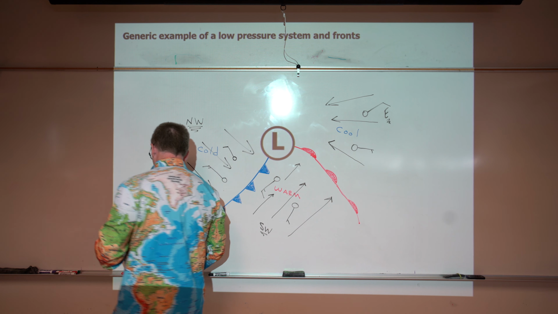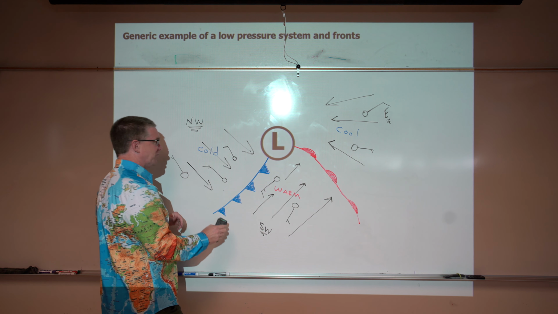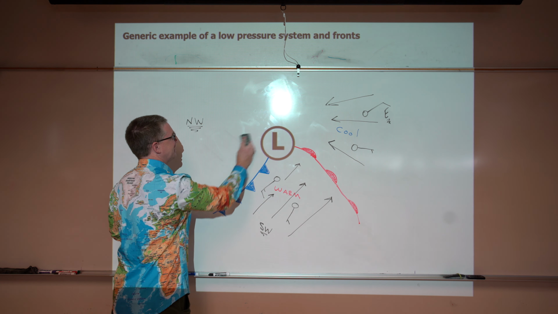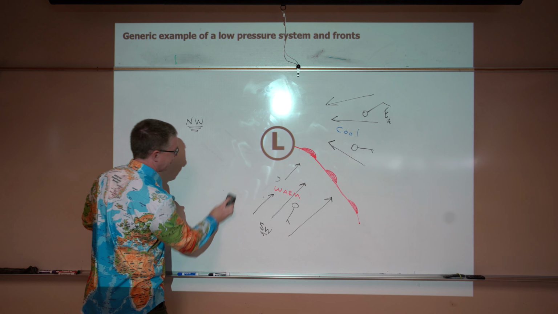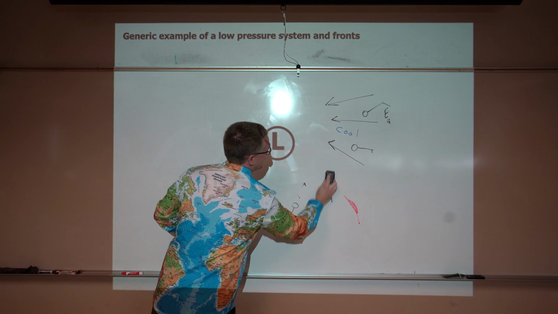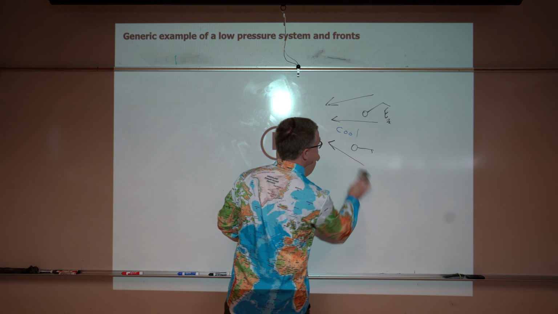Okay, what I want to do next is kind of almost go backwards from this and start with our weather symbols and kind of see where our fronts fit in with all that. Let me just quickly get rid of this.